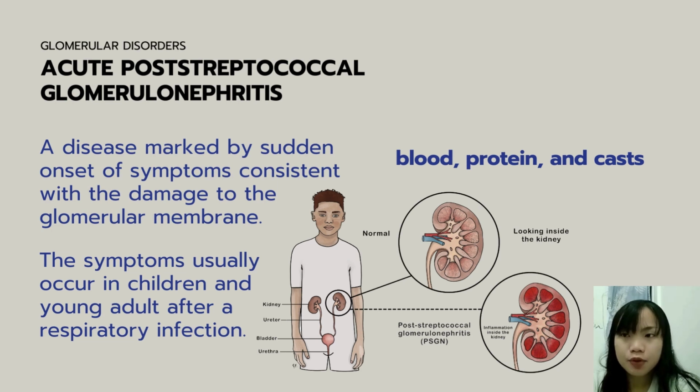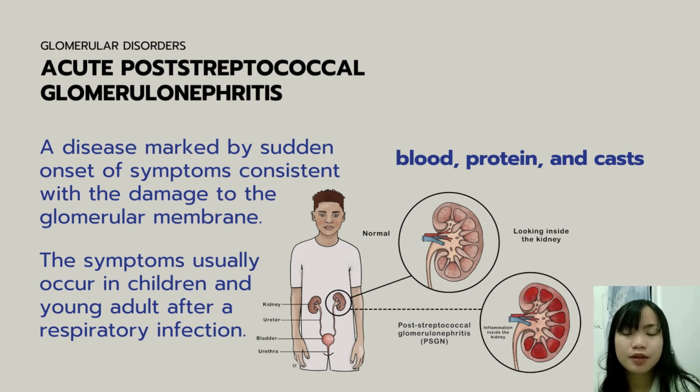So, ang Streptococcus pyogenes natin is a gram-positive cocci in chains that causes fever and is also a flesh-eating bacteria which invades the deeper tissues and organs. So kilala siya as fever-producing bacteria, flesh-eating bacteria, and associated siya with rheumatic fever.